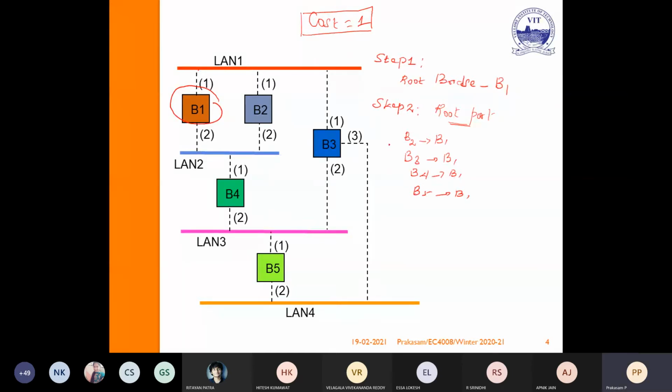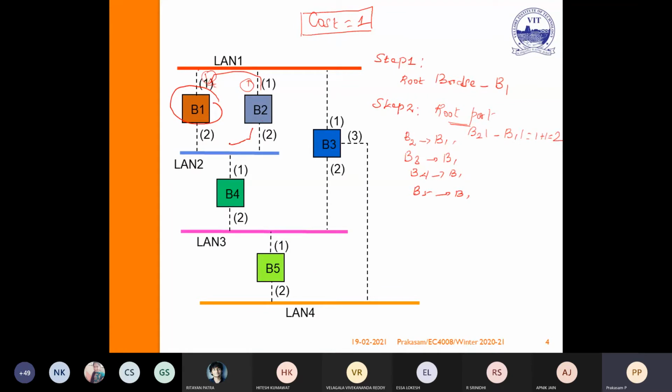So now we have to find the root port, that is, B2 to B1, whether we can connect through port 1 or through port 2. We have to select the root port. If we are going in this direction, the cost here is 1, here it is 1, so B2 to B1, the cost is 1 plus 1, equal to 2.